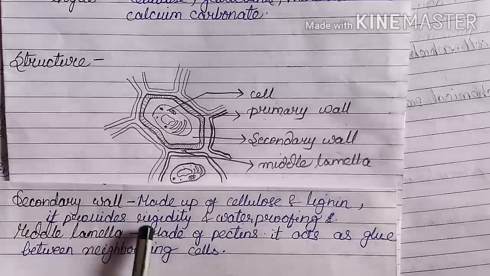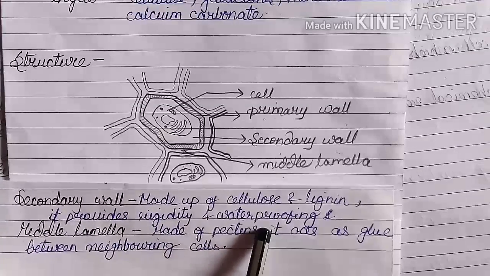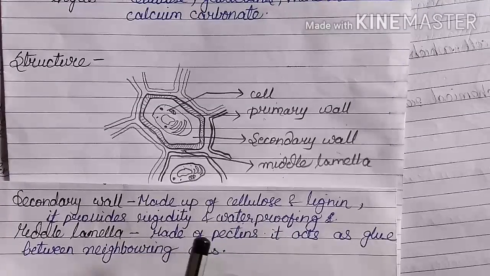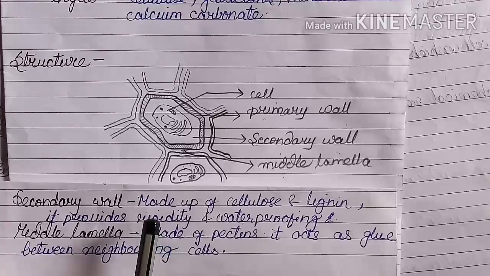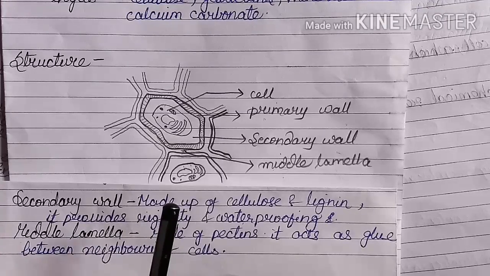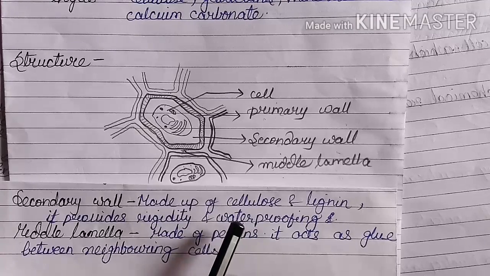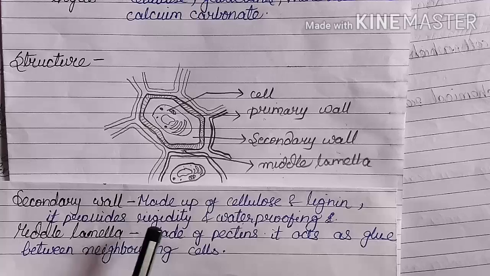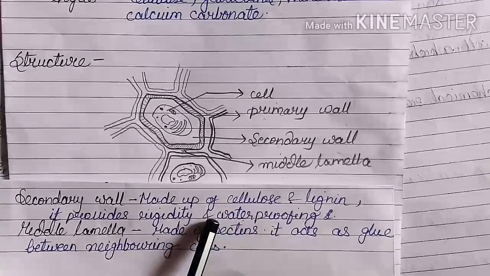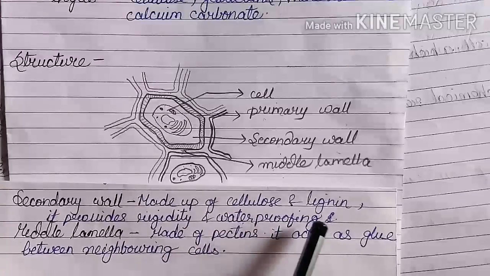Waterproofing means, as I have told, that the cell wall is responsible for the transport of material inside or across the cell. So it protects the cell from water loss as it performs the function of waterproofing.